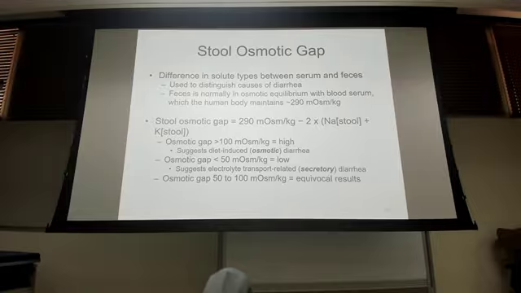Less than 50 is secretory. And osmotic goes away and resolves when you fast. And secretory persists even with fasting. Because normally your stool osmolarity is about the same as your blood. That's all that calculation is. What's the blood compared to the stool? The blood's normally 290 to 300.